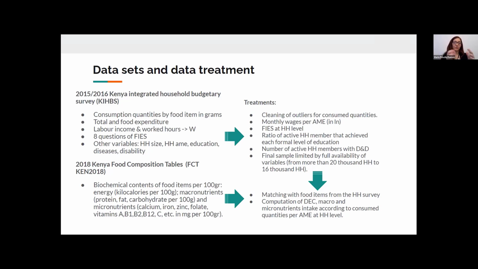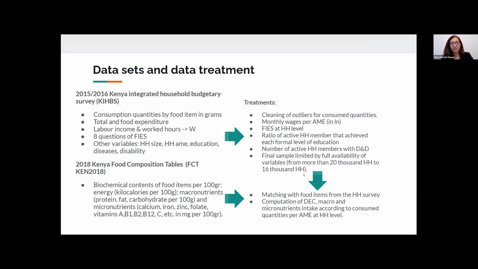And of course, the sample is reduced because we do not have this information for all the households, which are more than 21,000 in this survey. So we keep more or less 16,000 households in our final sample.